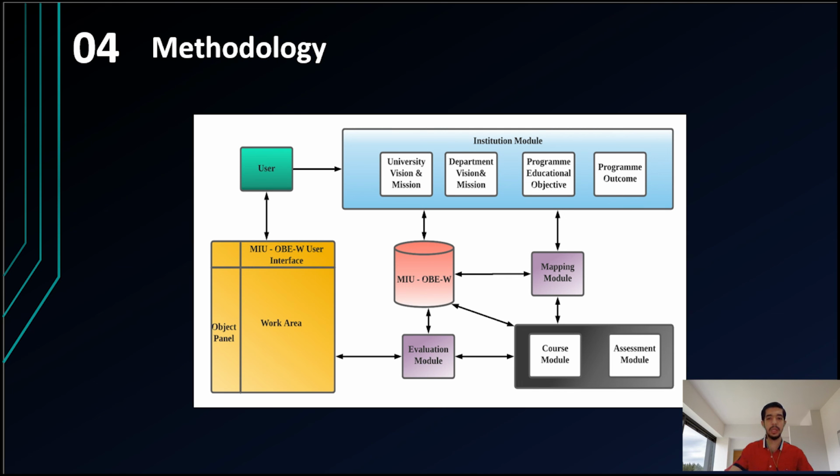Here also, as we see in the diagram, the user can access the system through the work area, the object panel, and also in the blue rectangle, the institution module, university vision and mission. All these, the user will not need to look at in detail, he will just have some idea. It will be mapped through the system.